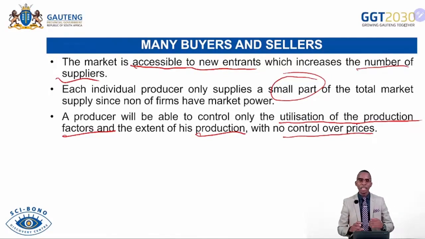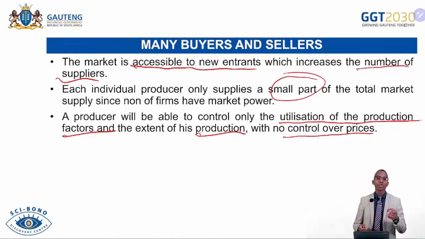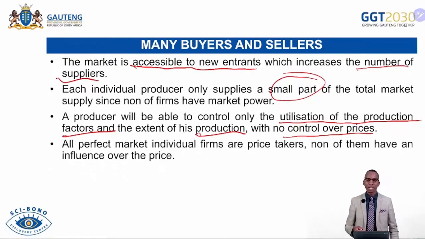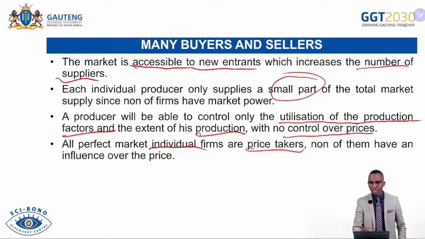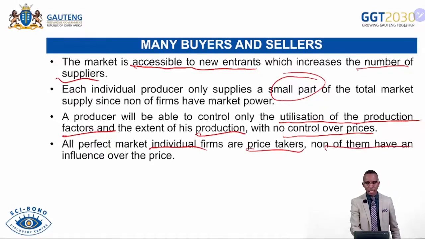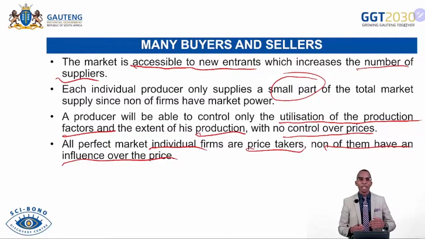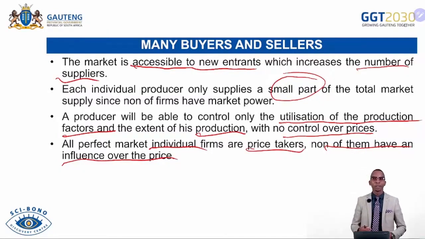Each producer can influence the factors of production and the output size he or she produces, but cannot control the price, because the price is determined by market forces, demand and supply. So all individual firms in a perfect market are known as price takers. None of them can influence the price, however many there are.